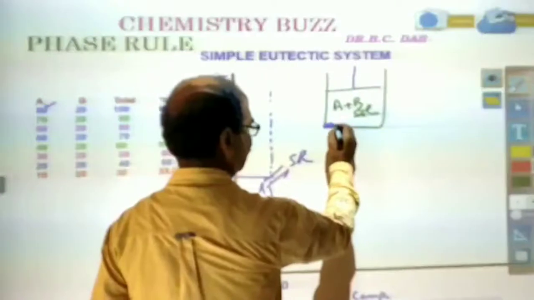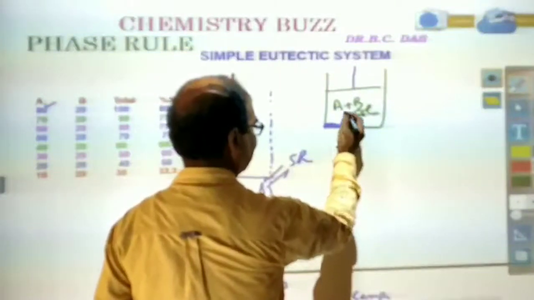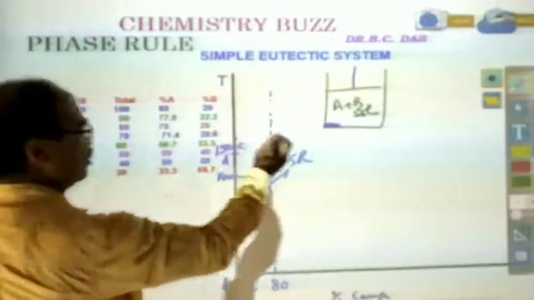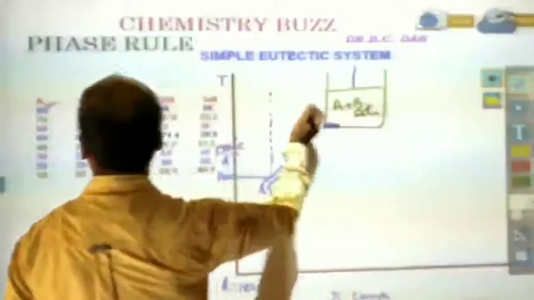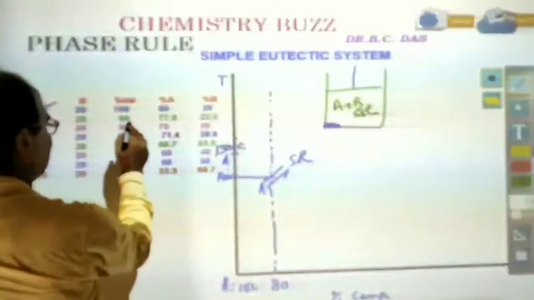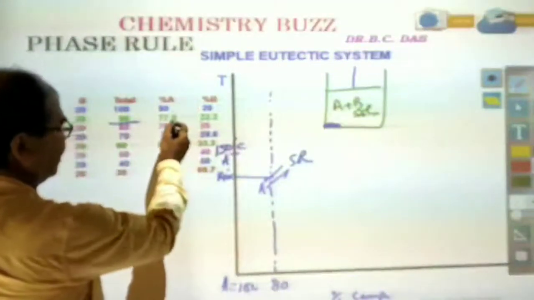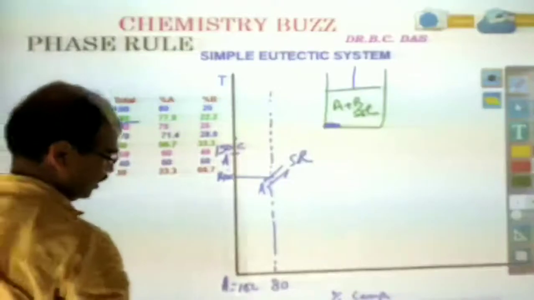So when it is cooled, some amount of A separated out from the solution. So the weight of the solution becomes 70 plus 20, that is 90, and the percentage of A is 77.8%.